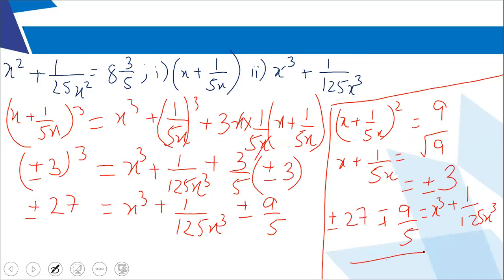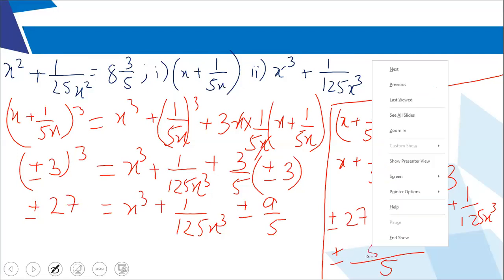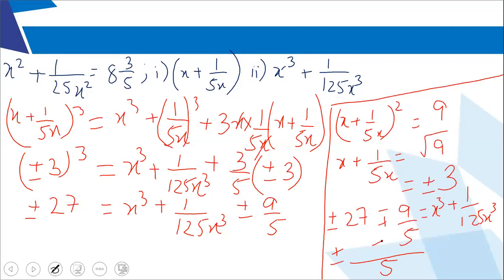Take the LCM. This is plus minus 135. Please take the LCM and get the answer. 135 minus plus 9, which is how much? 130.